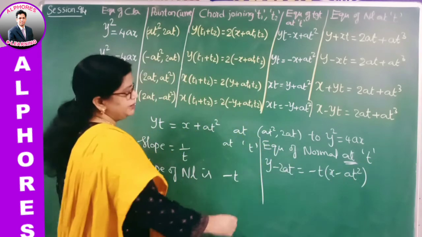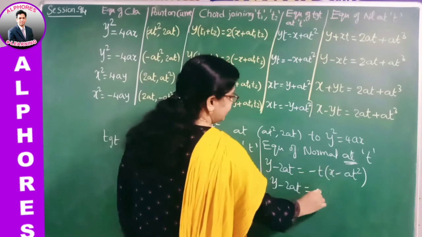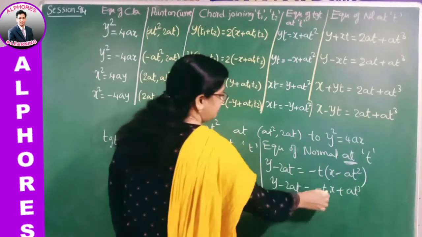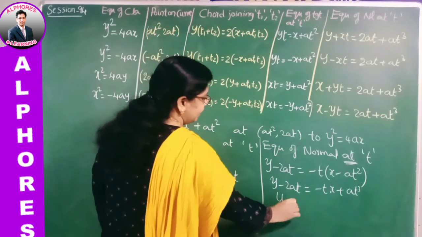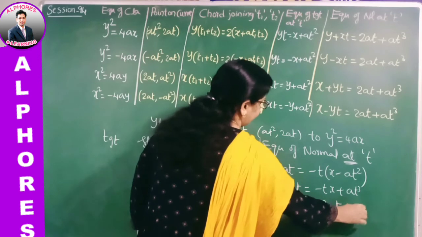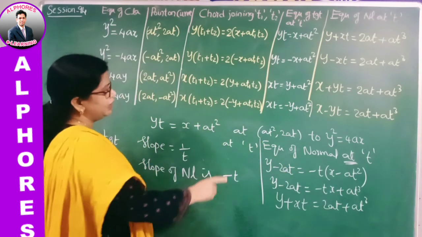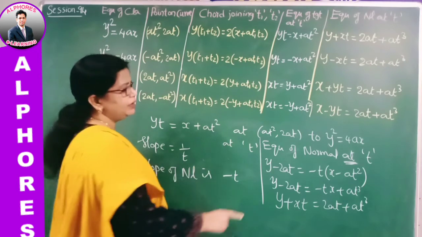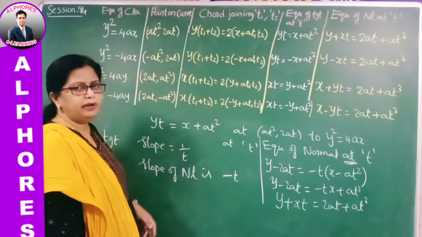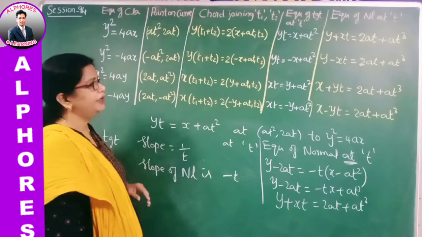If you simplify, it is y minus 2at equal to minus tx plus at cube. Taking the x term to the left side, y plus xt is 2at plus at cube. So students, this is the equation of the normal drawn at the point t to the parabola y square equal to 4ax. Again we need to remember this, because the normal concept is very important in parabola.